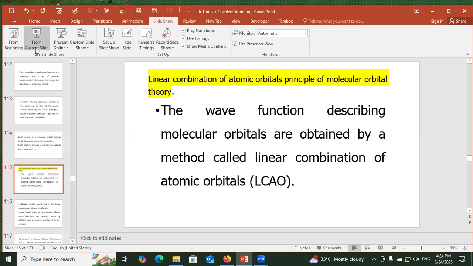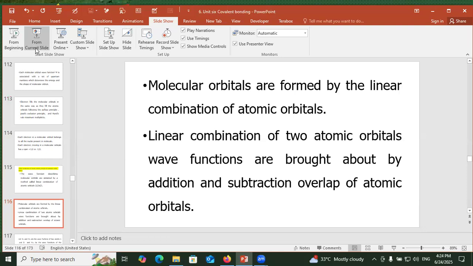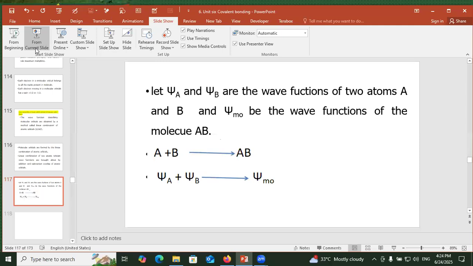Linear combination of atomic orbitals principle of molecular orbital theory. The wave functions describing molecular orbitals are obtained by a method called linear combination of atomic orbitals, LCAO. Molecular orbitals are formed by the linear combination of atomic orbitals. Linear combination of two atomic orbital wave functions is brought about by addition and subtraction, overlap of atomic orbitals.